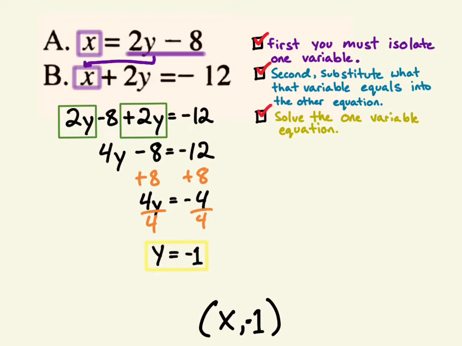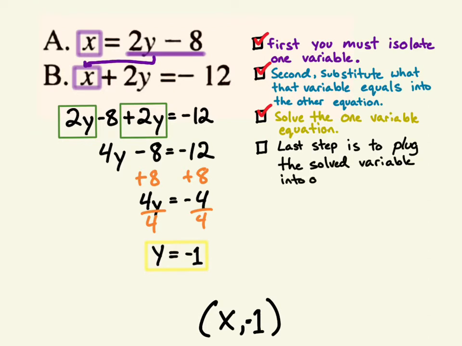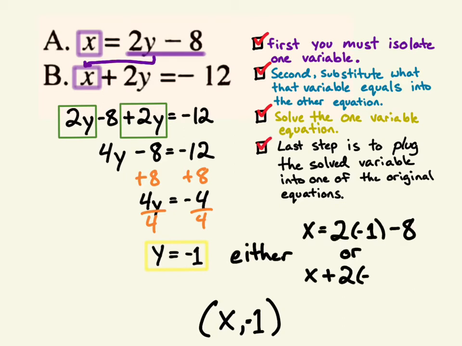So the last step is to plug the solved variable into one of the original equations. So if y equals negative 1, I need to solve for x. I can plug it into either equation, y as negative 1, and solve for x.